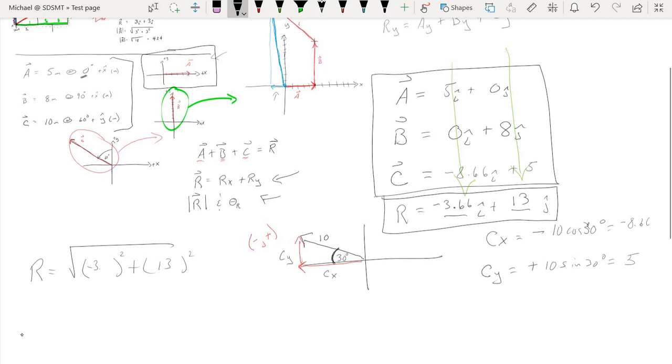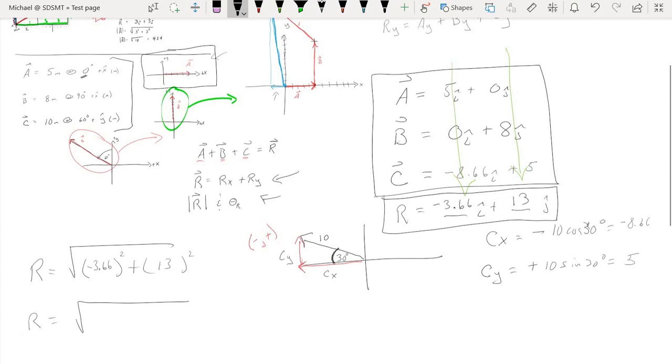Now one of our components is negative, and whenever we square something, whether it's positive or negative, the result is going to be positive. And that's going to be important when solving for any magnitude, because if you find yourself with a negative value inside the root, then you're going to get an imaginary solution.